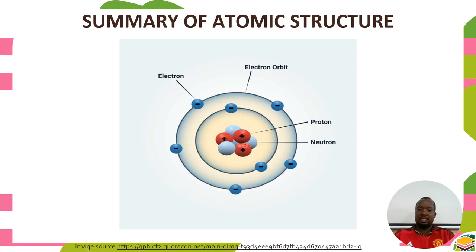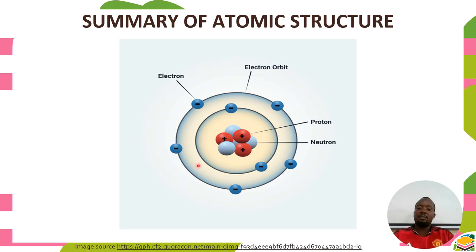In here we have 3 protons and 3 neutrons. Then outside of the nucleus, we have electron orbits, or shells, or energy levels.